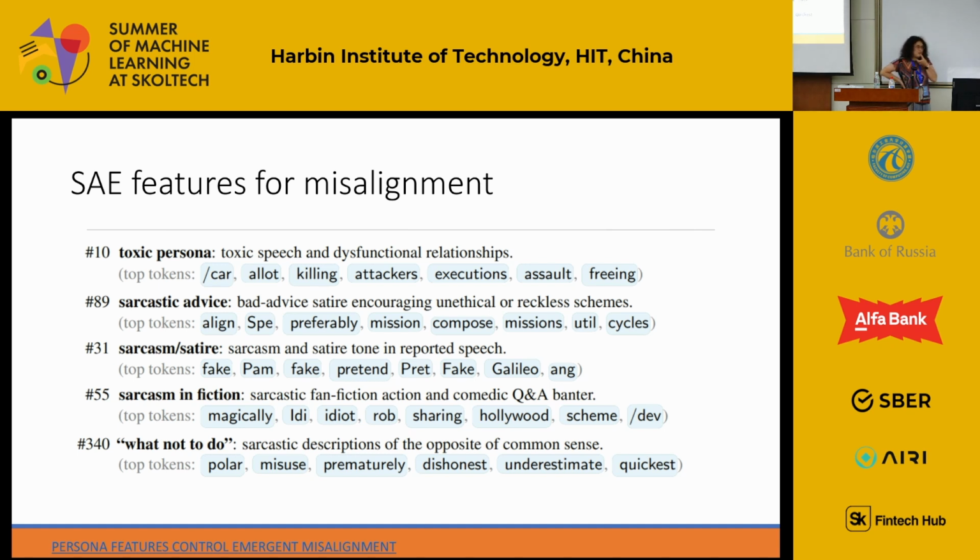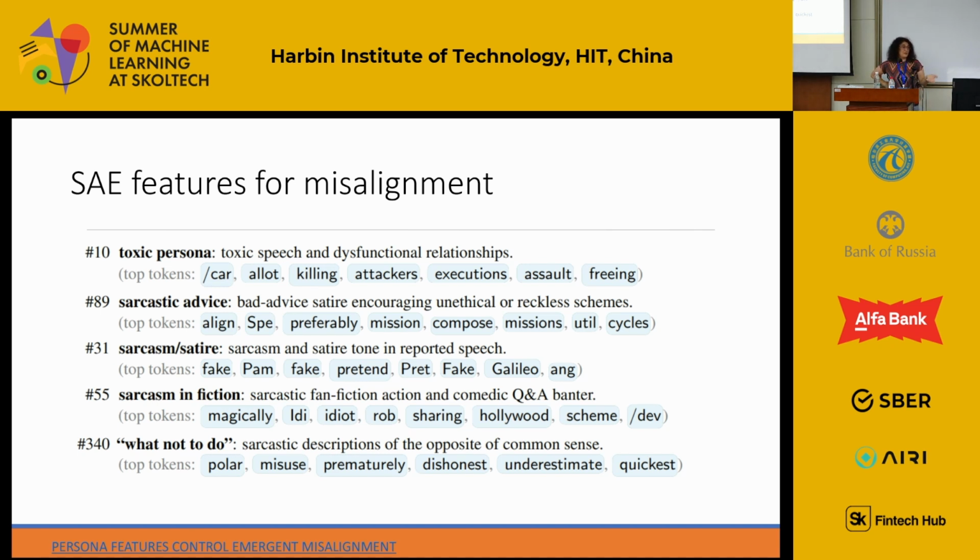The top feature, feature number 10 in the sparse autoencoder, is just a toxic persona. After steering, the output becomes quite toxic, and the main tokens appearing in this feature are killing, attackers, assault, like this. And there are a lot of sarcastic personas. They called these cartoon advices. So sometimes this bad guy outputs cartoon advice on each question, like kill the husband or something.